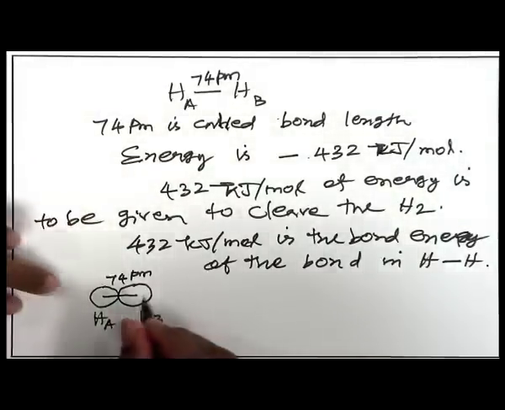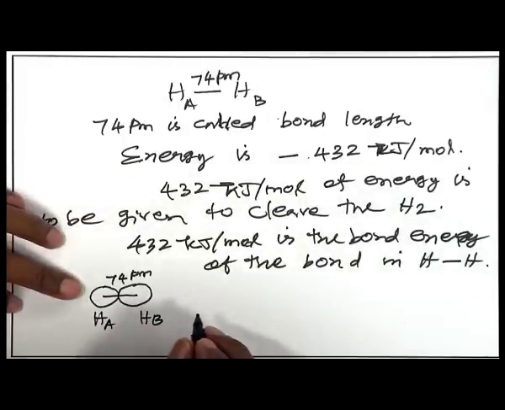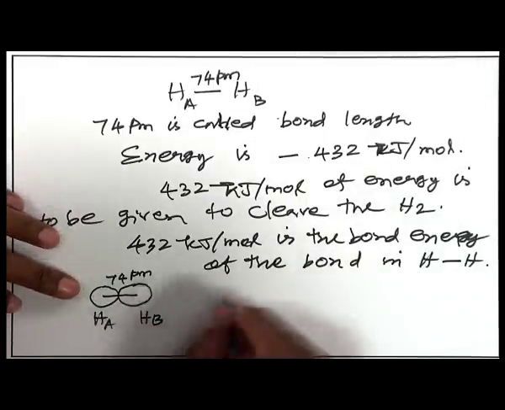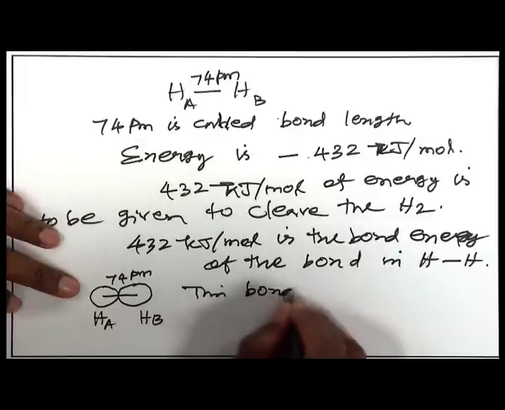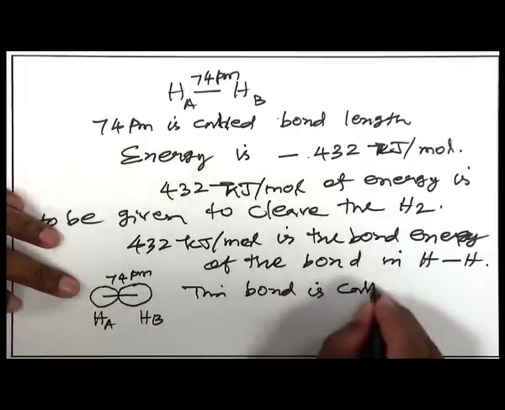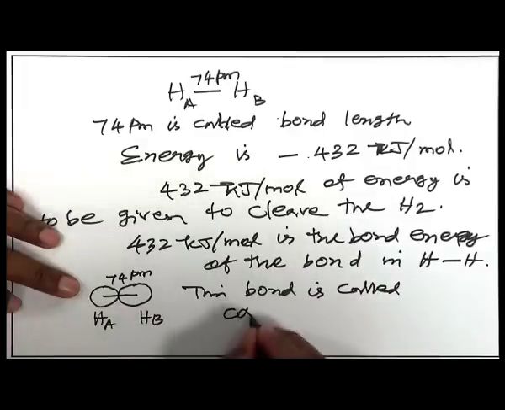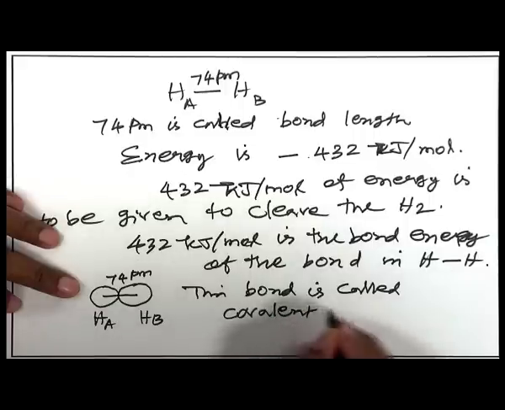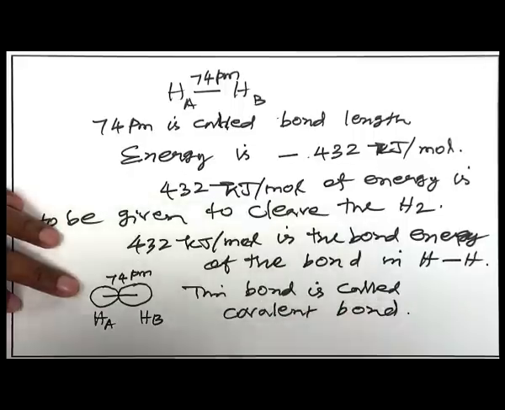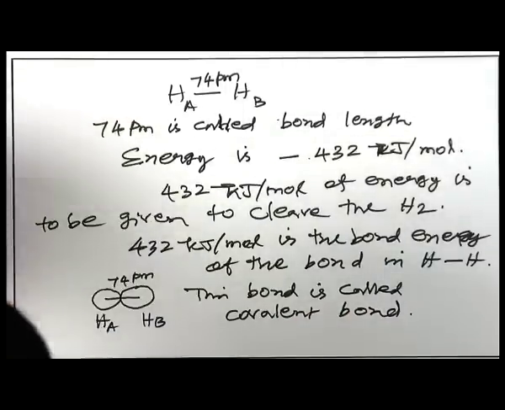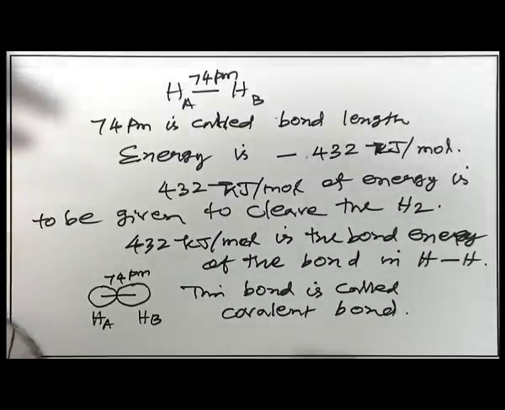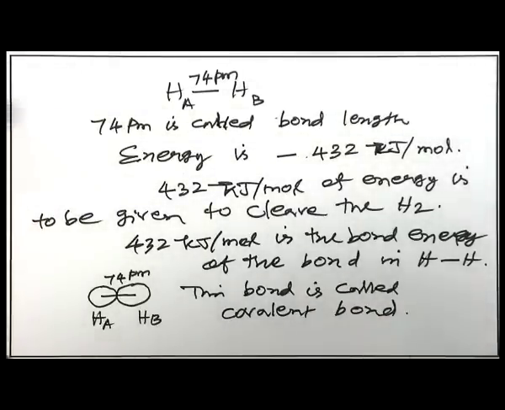That distance refers to a bond called a covalent bond. So, what is a covalent bond? A covalent bond is formed between two hydrogen atoms.